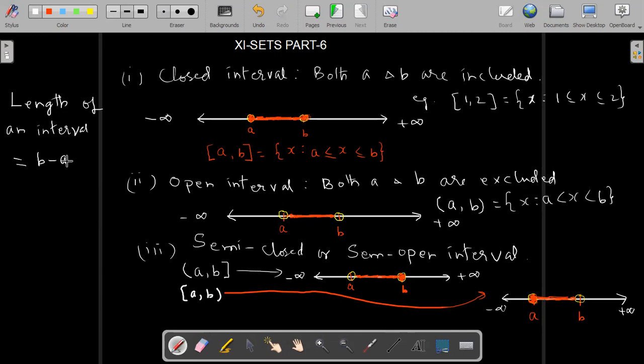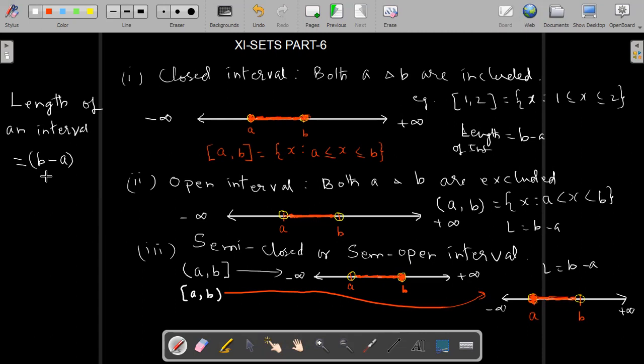B is the bigger number, so b minus a is the length of any interval. Here also the length of the interval is b minus a, and in both cases it will be b minus a. So whether it is closed or open, it doesn't matter. The length will be b minus a.